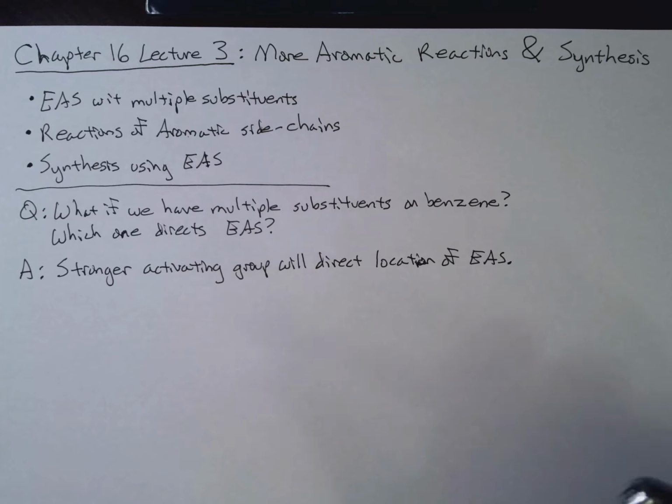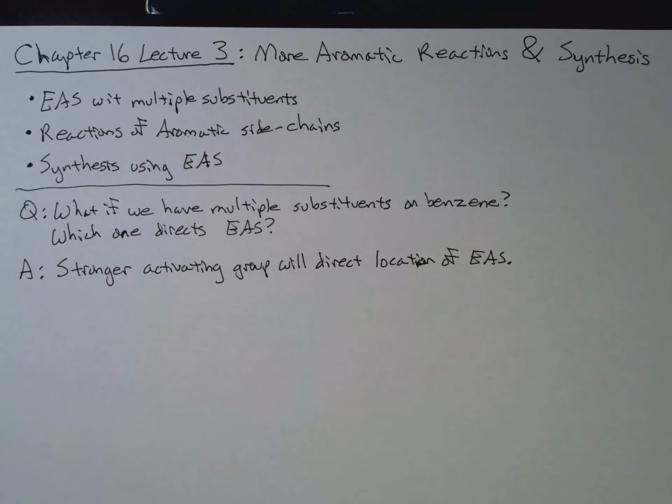So let's say we have a summary of our strength of activating groups and deactivating groups, as well as what are ortho, para versus meta directors, we can go ahead and make some decisions based on what our substituents are.